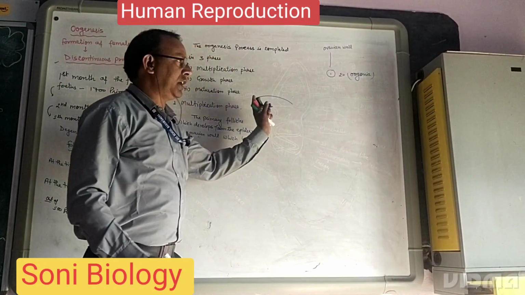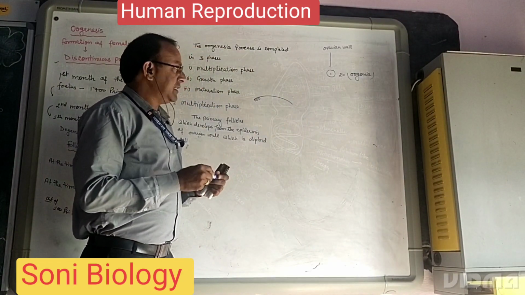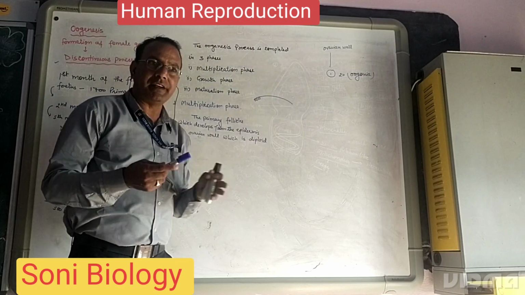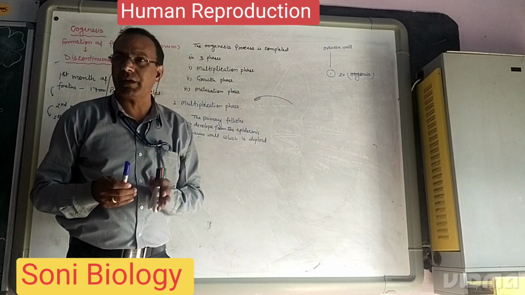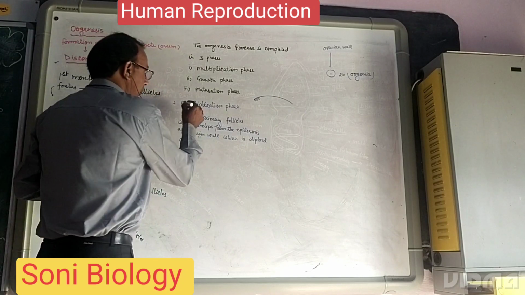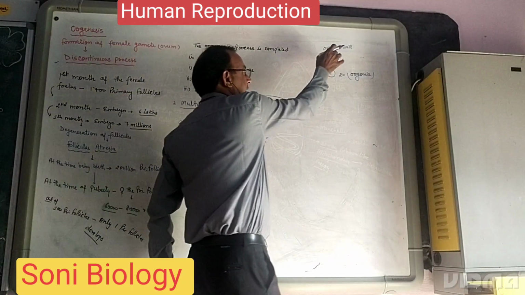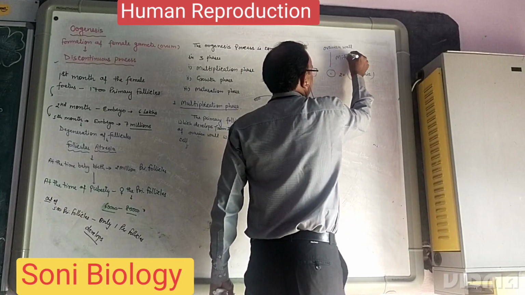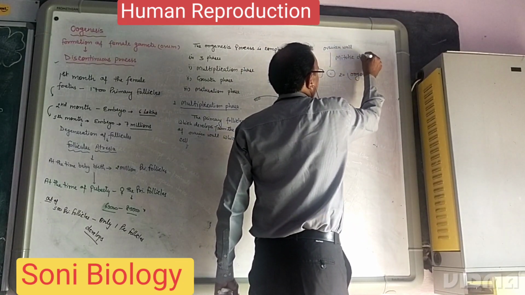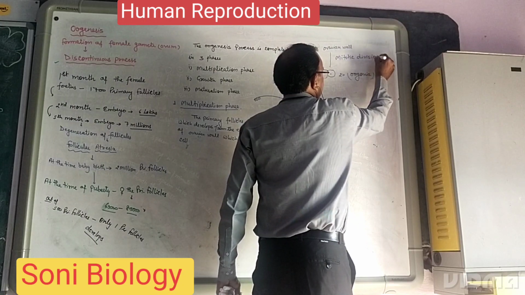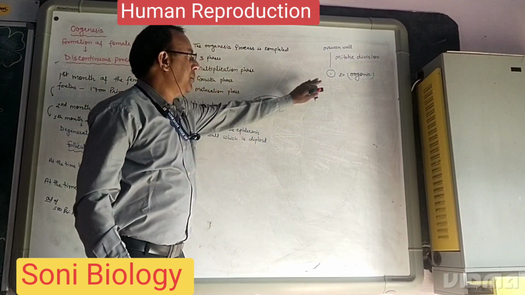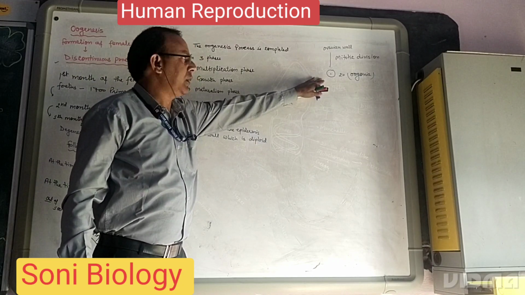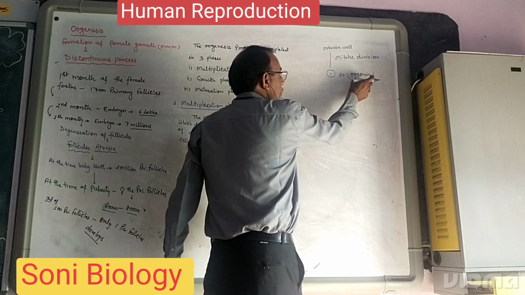Because of division in the ovarian wall, the primary follicles are produced, and these cells increase their numbers. So this is called the multiplication phase, and here mitotic division takes place. Due to mitotic division in the ovarian wall, the ovum or oocyte primary follicles are produced. These are called oogonia.